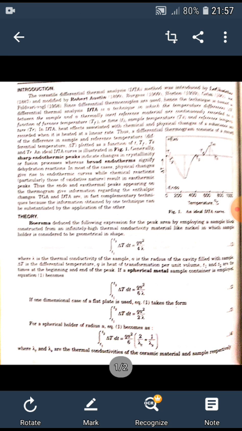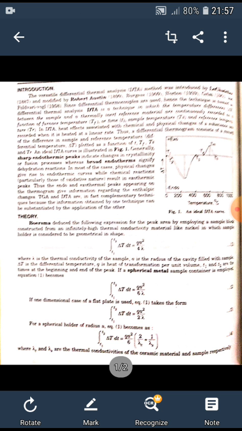An ideal differential thermal analysis curve is illustrated in the figure. Generally, sharp endothermic peaks indicate changes in crystallinity or fusion processes, whereas broad endotherms signify dehydration reactions.